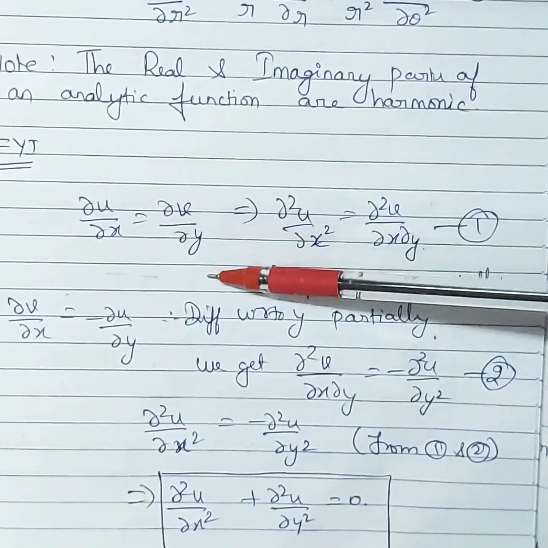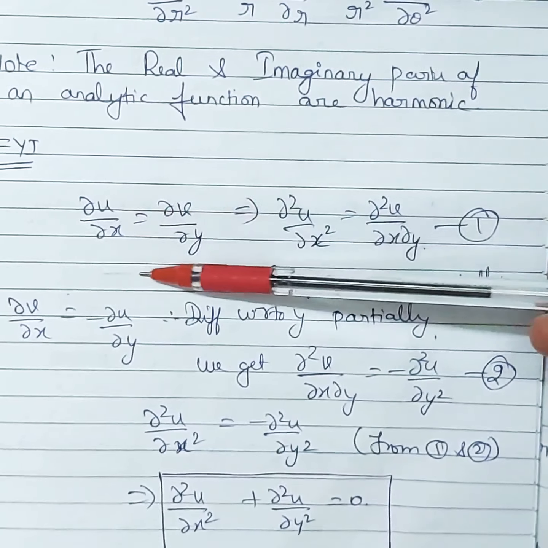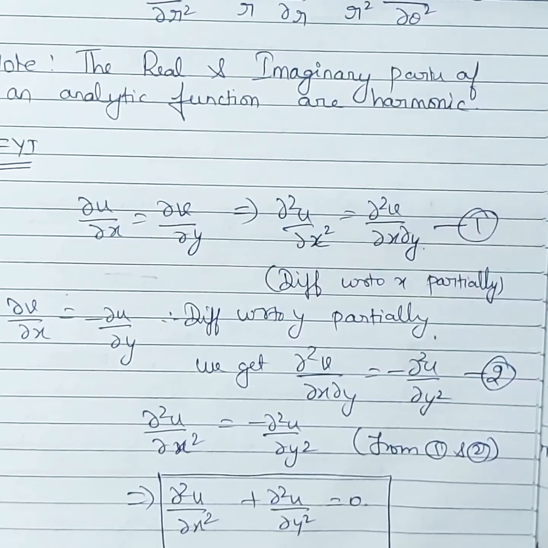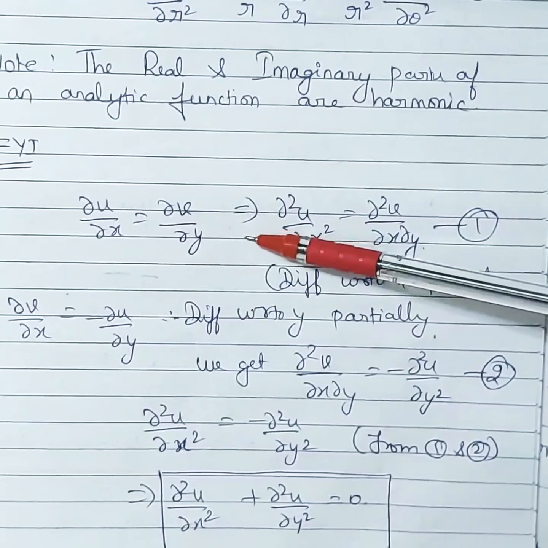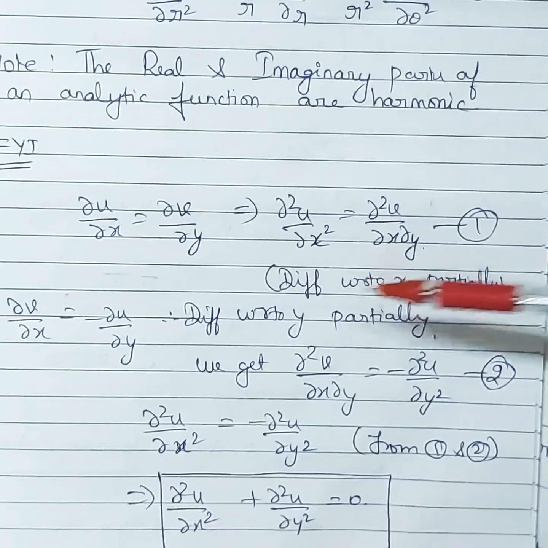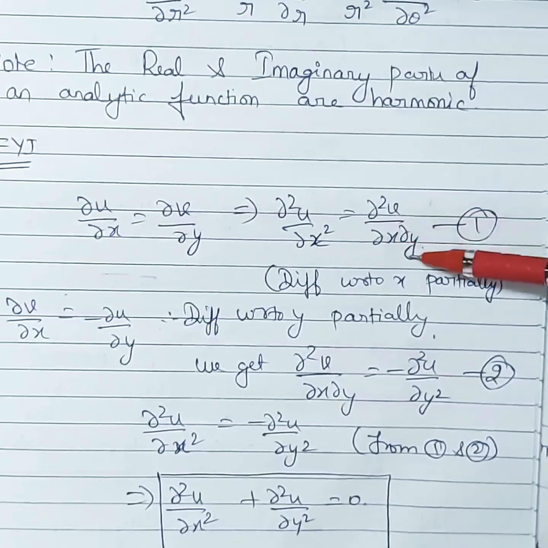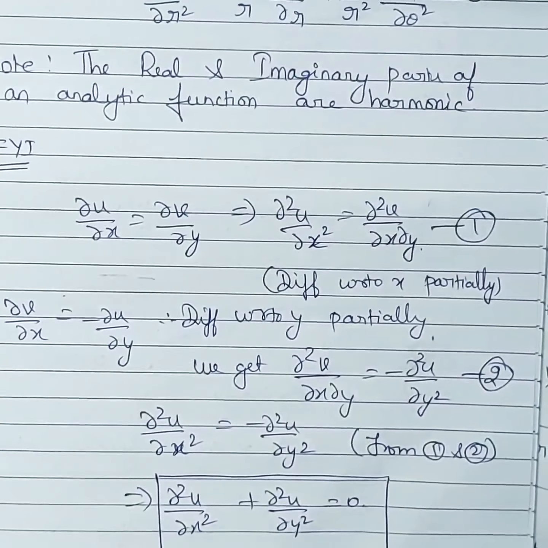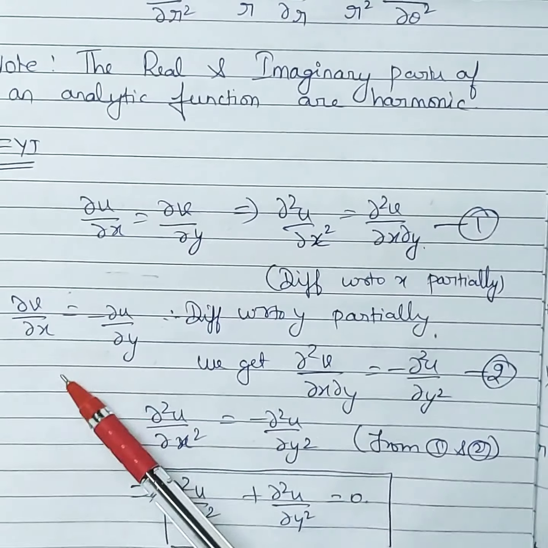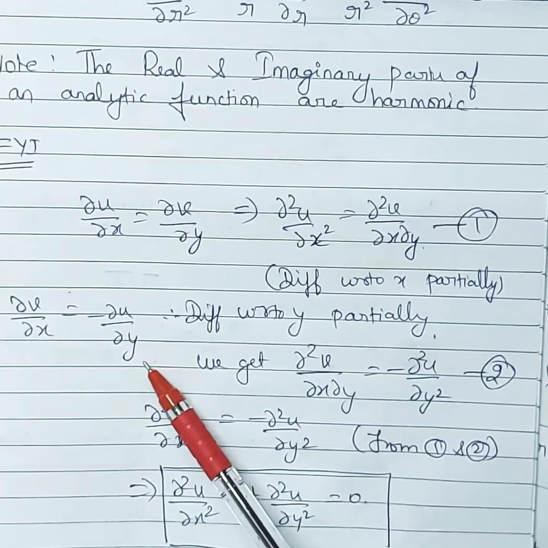We have ux is equal to vy, the CR equation, right? Del u by del x is equal to del v by del y. So if I partially differentiate with respect to x again, what will I get? Del square u by del x square is equal to del square v by del x del y. We have two CR equations, right? What is the second CR equation? Del v by del x is equal to minus del u by del y.